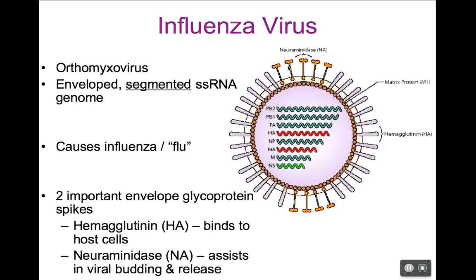Both of those are absolutely essential for influenza's ability to go through its replication cycle. And the human immune system makes antibodies against both of those as well. So we make antibodies against hemagglutinin and neuraminidase during an infection. So those two proteins are arguably the most important proteins from our perspective on influenza.